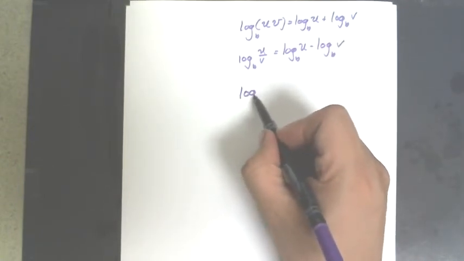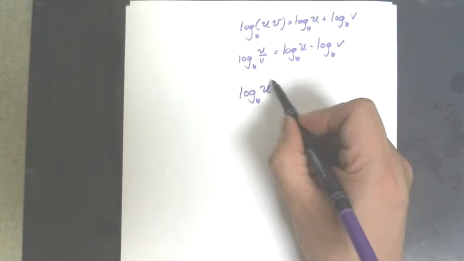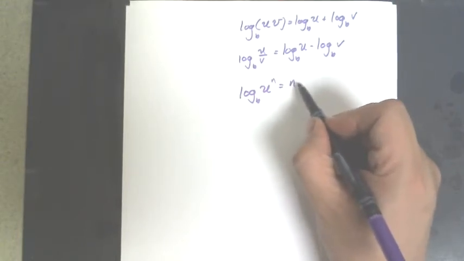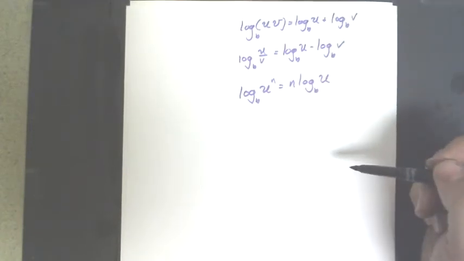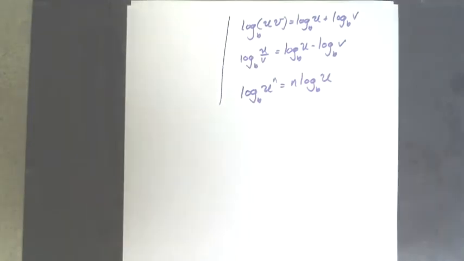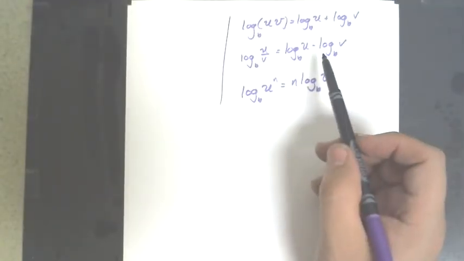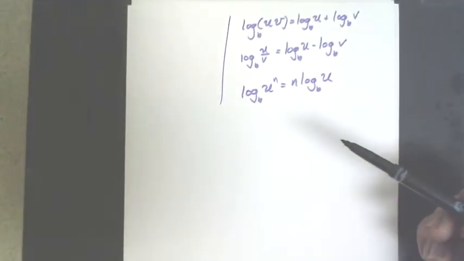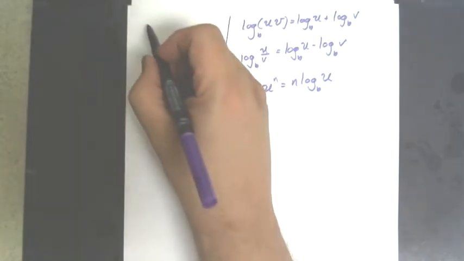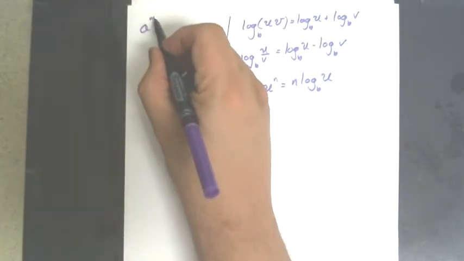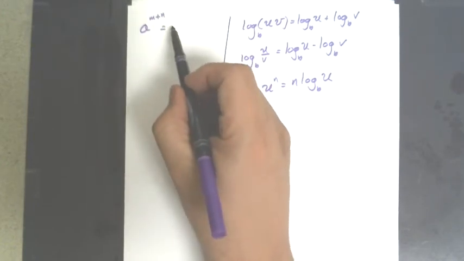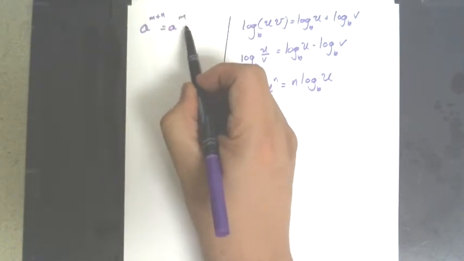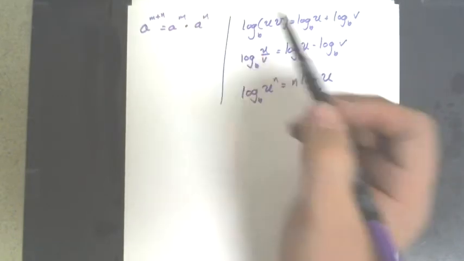And the power property: log base b of u to the n is equal to n times log base b of u. And these logarithmic properties, being logarithms, they should be associated with exponentials. They are really just the logarithmic versions of some of your more common exponential properties. The fact that a to the m plus n is equal to a to the m times a to the n.